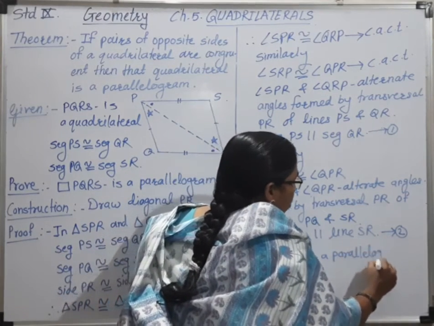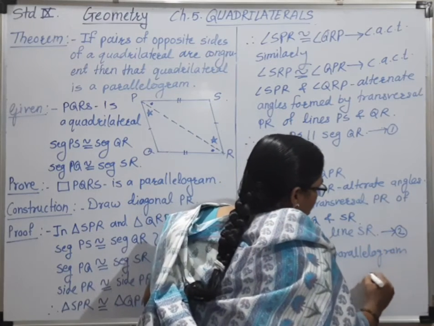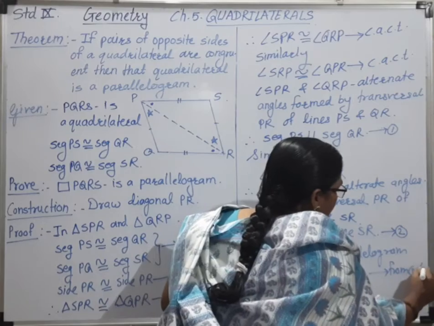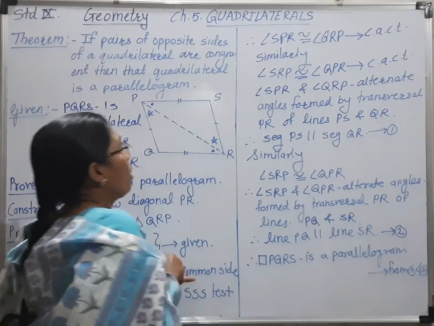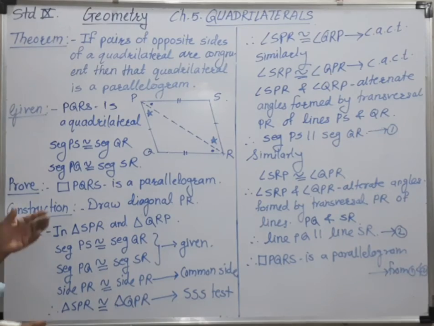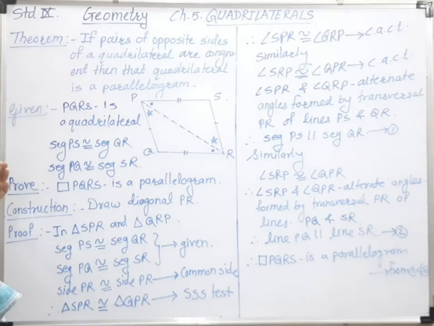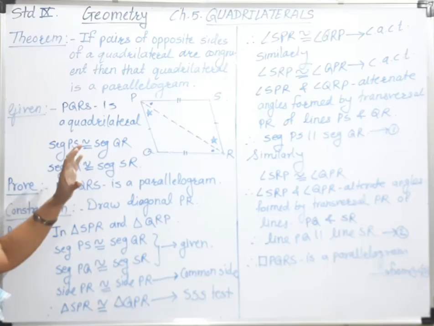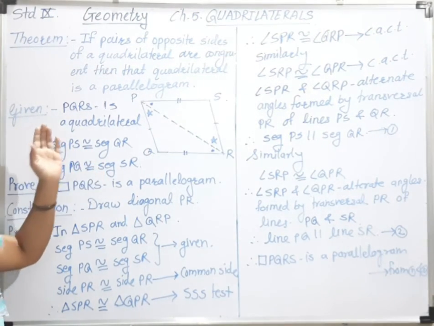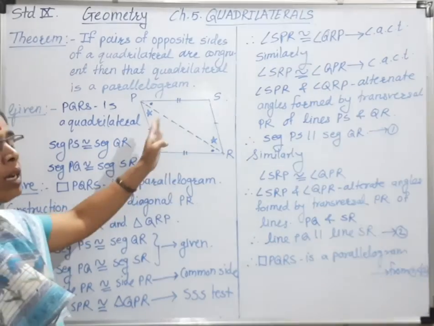You can write the reason from 1 and 2. This is the theorem: if two opposite sides are equal or congruent, then this is a parallelogram.